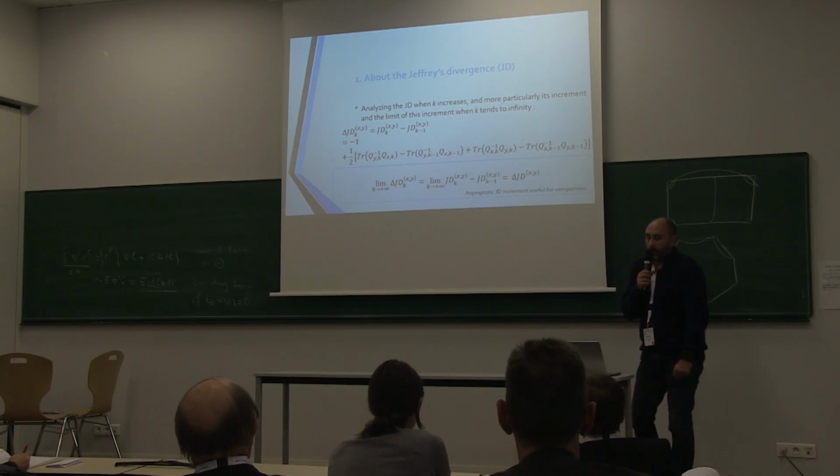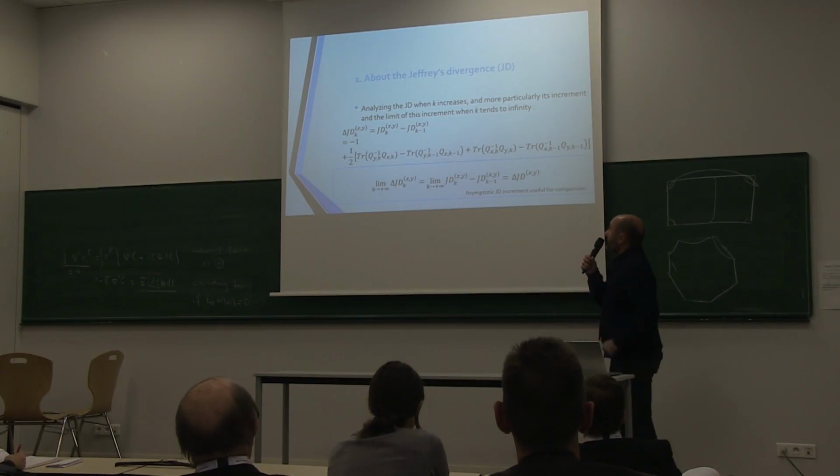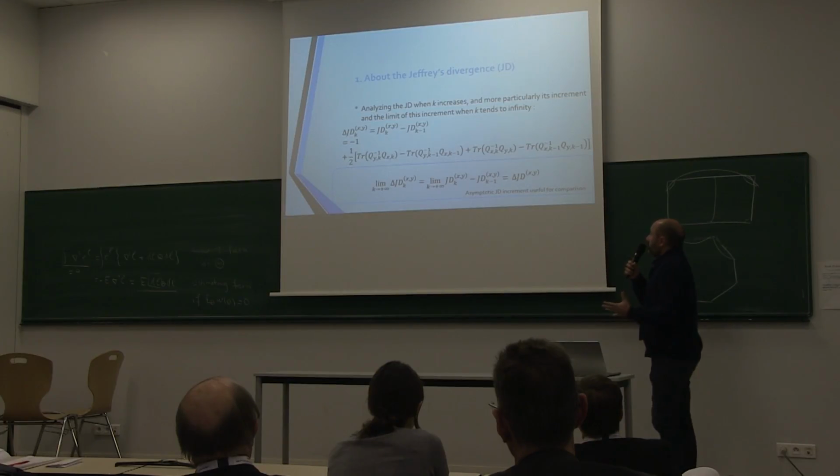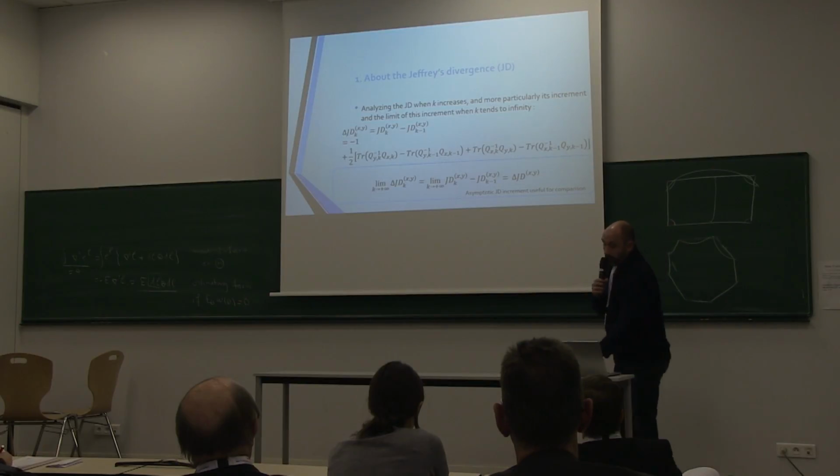Concerning the asymptotic GD increment, the idea is to compute two consecutive GDs, look at the increment, analyze how this increment evolves, and see what we obtain. So this is the so-called asymptotic GD increment.